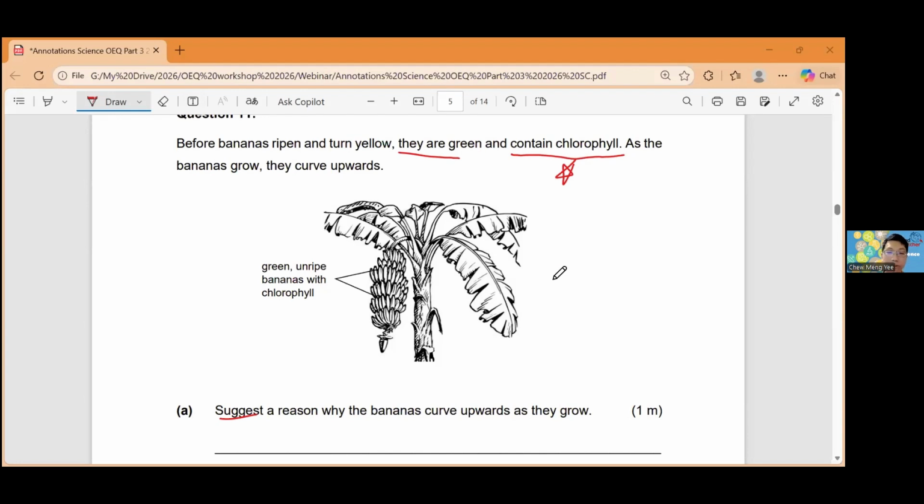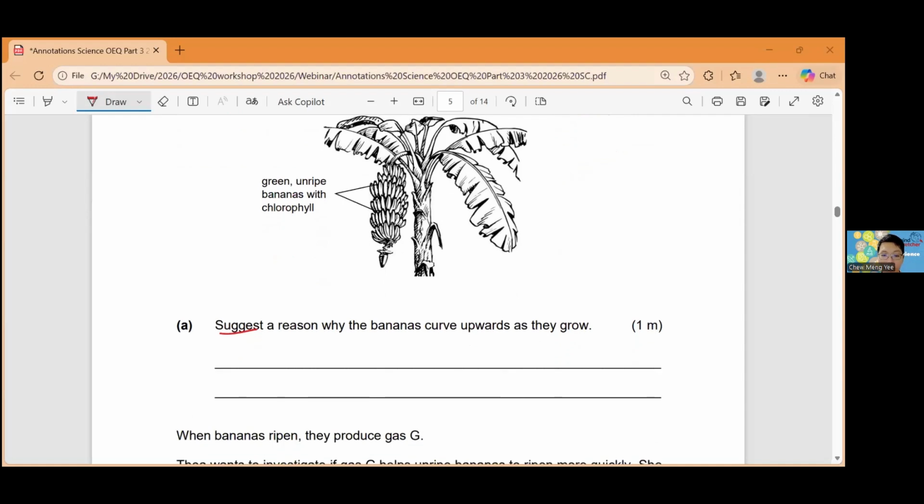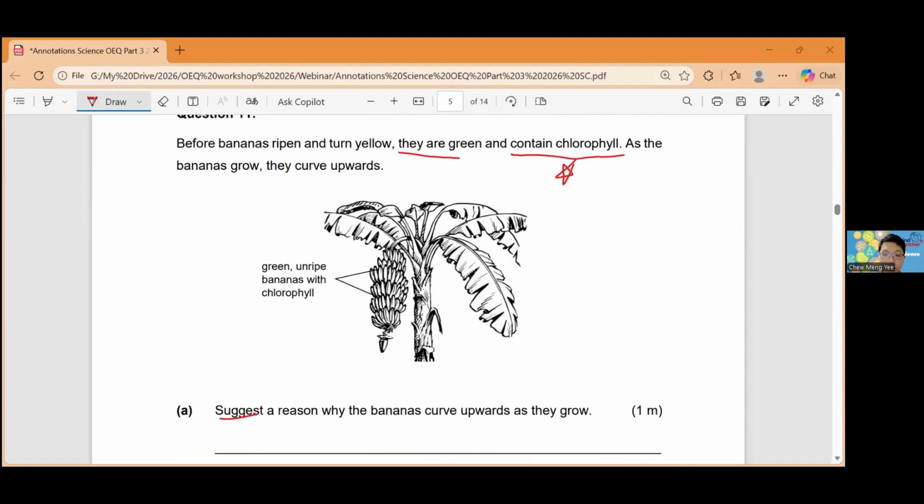But you must know that mainly for plants, the leaves are the ones that make food for the plants. But it's not only limited to the leaves. You see, they are called green plants for a reason. Some other parts of the plant can also photosynthesize and make food, but they are not the main factory for the food. So it's still the leaves. Some other parts like this banana also help to create some food. So it has to be related to photosynthesis since they mentioned chlorophyll.